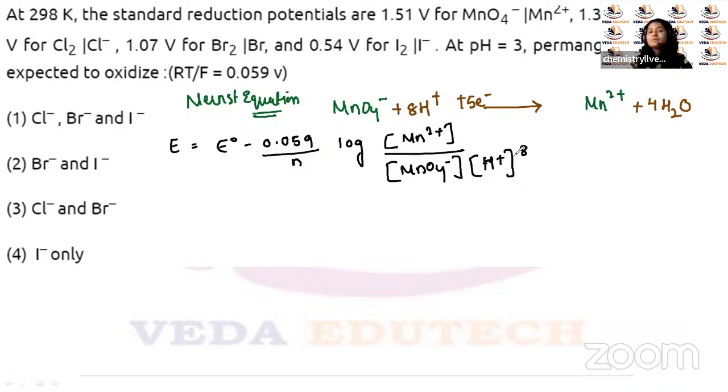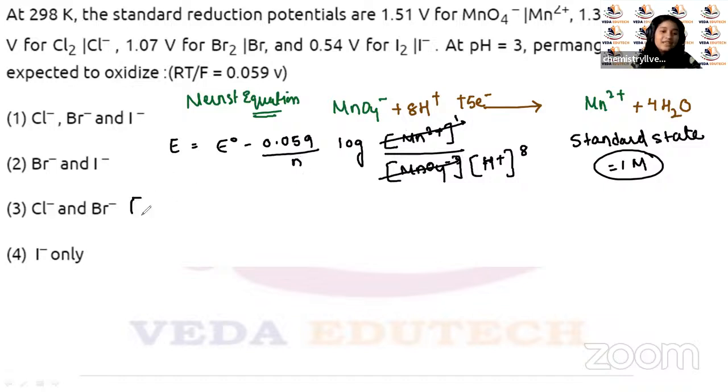यहाँ पे जो Mn2 प्लस और MnO4 माइनस हम लोग ले रहे हैं उसको हम लोग स्टैंडर्ड स्टेट में लेंगे। कौन से स्टेट में ले रहे हैं? स्टैंडर्ड स्टेट में। जब हम लोग स्टैंडर्ड स्टेट में इसको लेते हैं, इसका जो कॉन्सेंट्रेशन होगा वो 1 मोलर हो जाएगा। कितना हो जाएगा? 1 मोलर। तो ये भी 1 और ये भी 1, तो ये बातें यहाँ से कैंसिल हो जाएगा, राइट? तो E बराबर E नॉट का वैल्यू दे रखा है 1.51 माइनस 0.059 by N. Instead of N you are going to put 5 here.